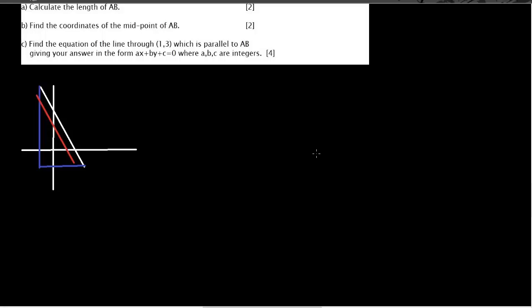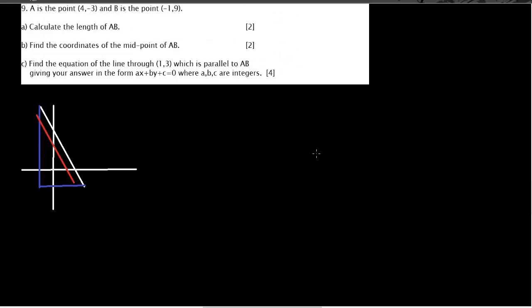Question 9. I'm drawing the graph earlier, which gives an idea. A is the point 4, minus 3 and B is the point minus 1, 9.